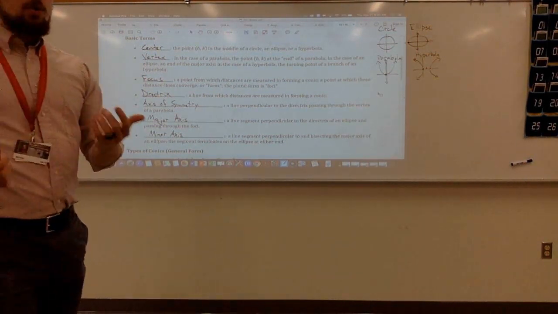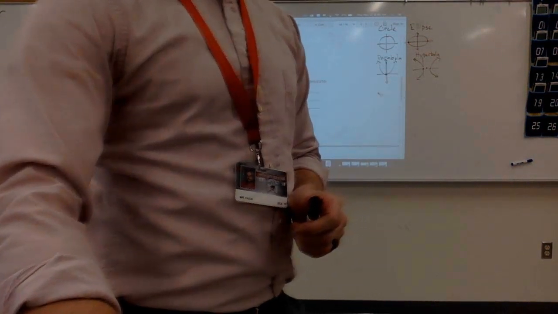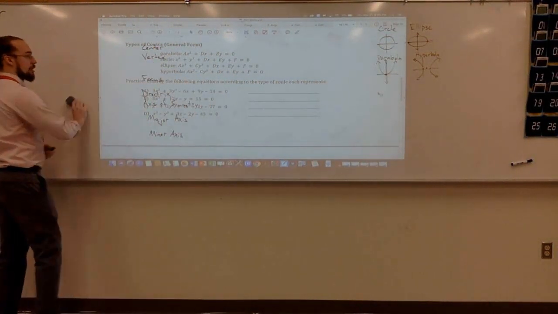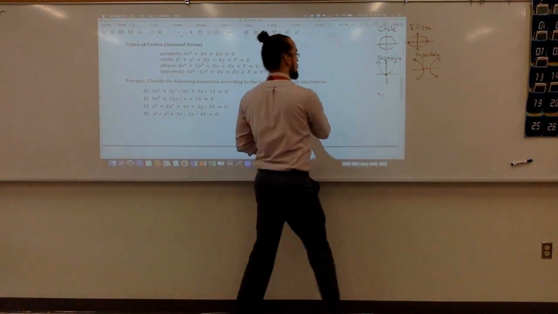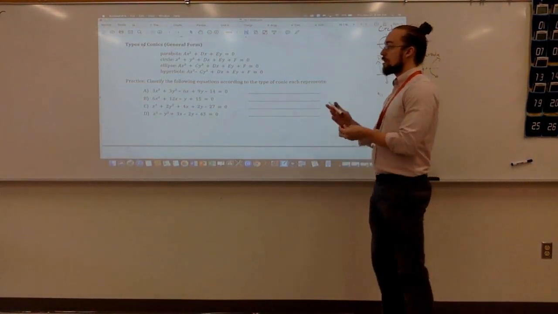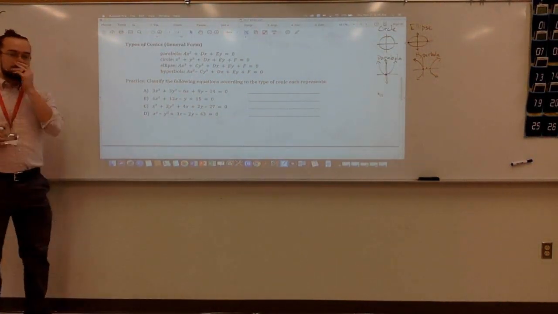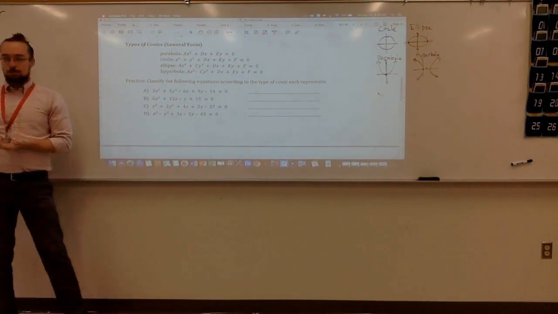So, equations of each of these four different types of conics in the general form could look like this. There are a couple of key things for each one of these. In a parabola, we notice only one variable is being squared.